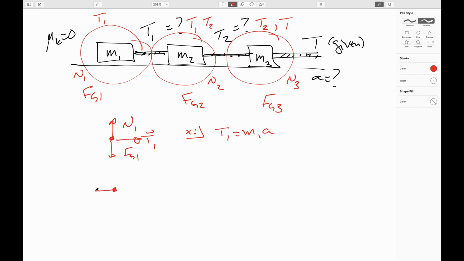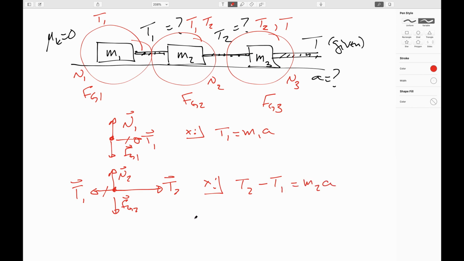So here we'll have T1 acting to the left, and that's the third law pair. We'll have T2 acting to the right, like so. And N2 and Fg2, again, those are vertical. So when we go to the land of X, we're going to get T2 to the right minus T1 equals M2A.